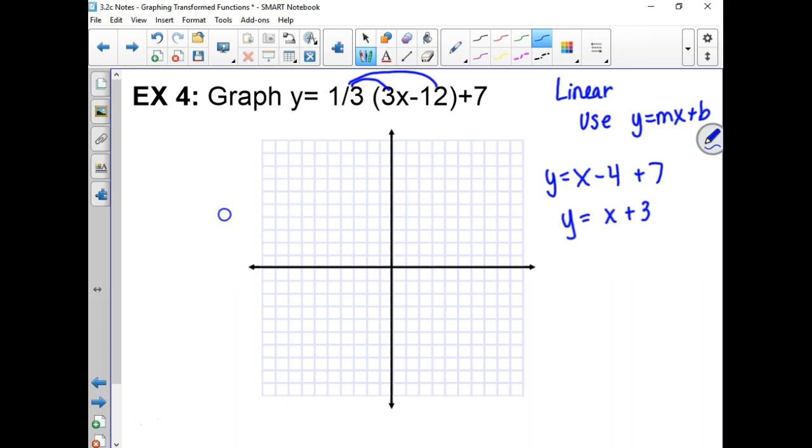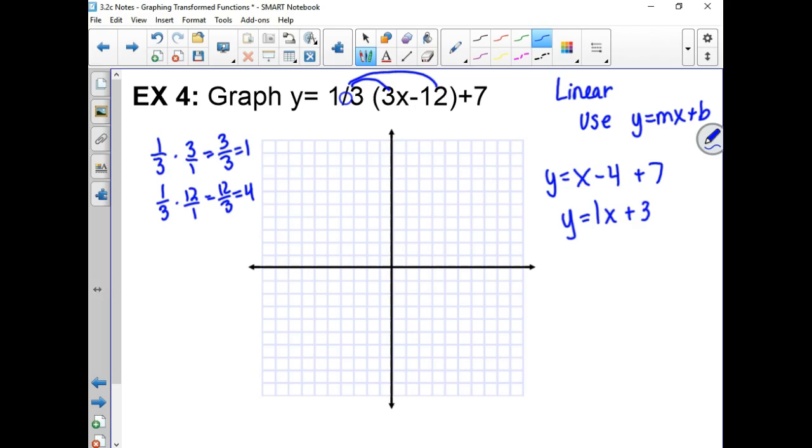All right, so we just distribute that 1/3 here. If you're having trouble with that, when you do 1/3 times 3, to multiply fractions we have to put that over 1. We just multiply straight across, 3 over 3, which is 1. 1/3 times 12 is 12 divided by 3, which is 4 there. So we just distribute, then you just combine that -4 and the +7 to get that +3. I didn't write the 1, but you could if you need to, right there.